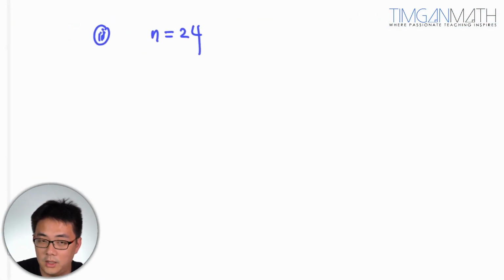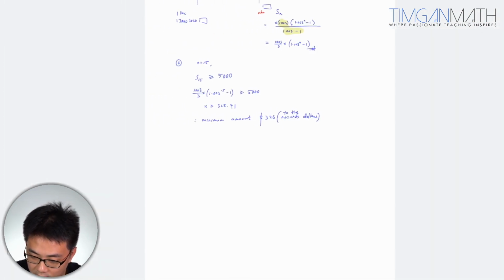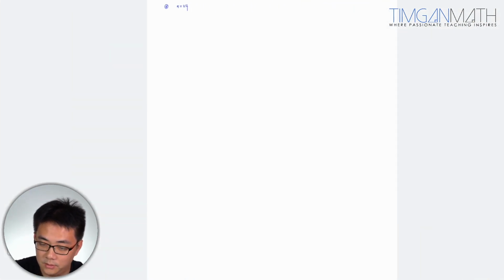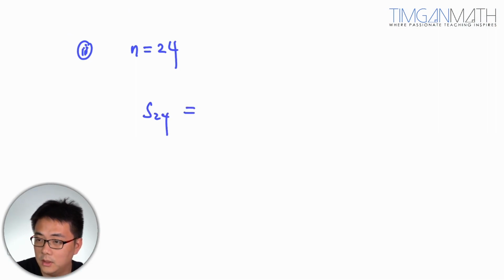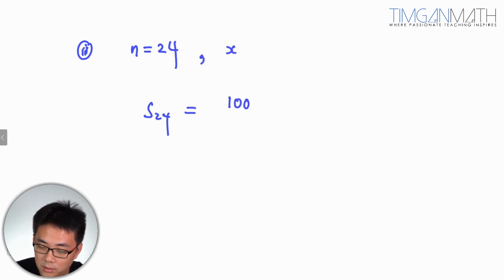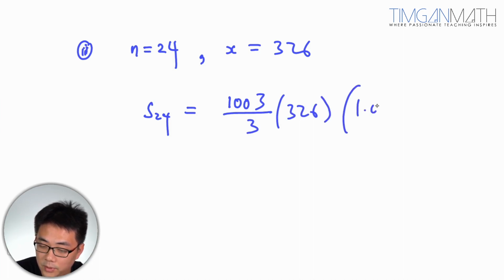When n is 24, the amount that is left at 24 would be, I'm just going to key in the calculator, because the X amount that we found was 326. So S24 is 103 over 3 times 326 times 1.003^24 minus 1.